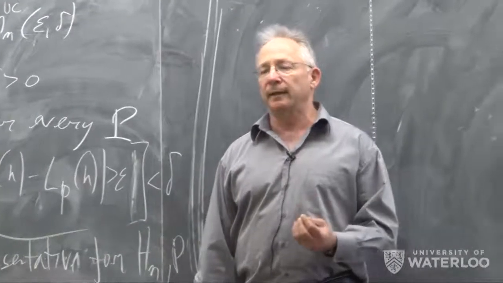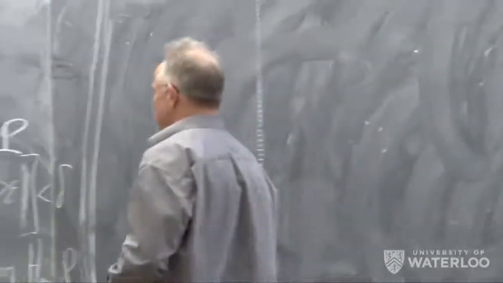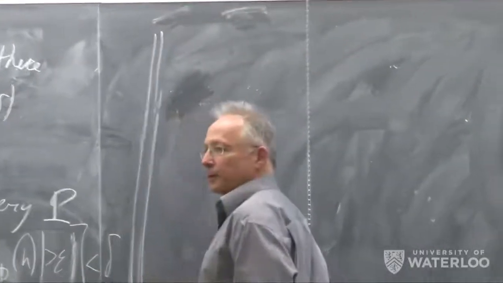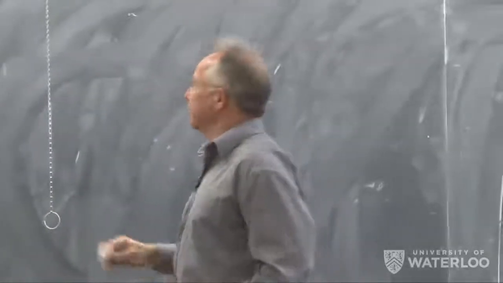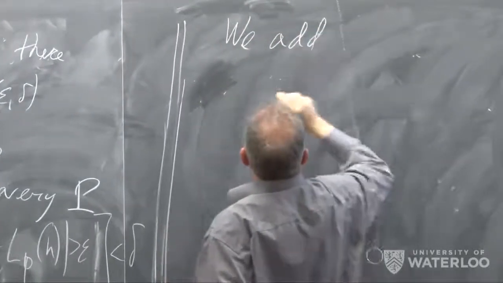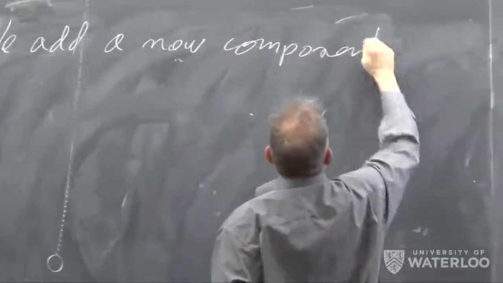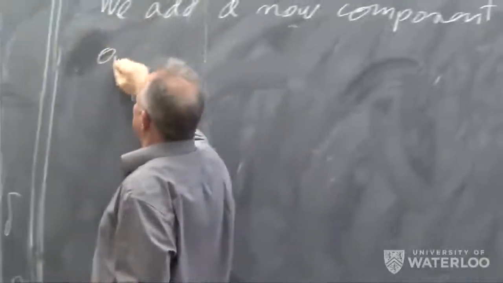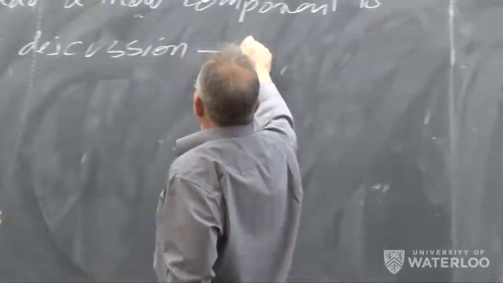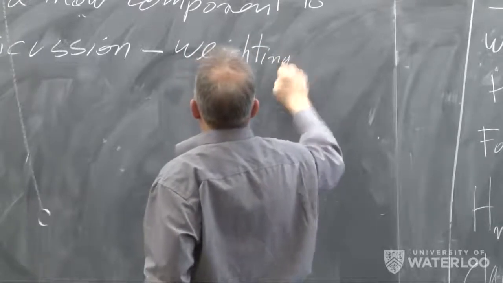Now, what is going to be the idea? How to proceed? The idea is that we are going to give every class a weight. Now we add a new component to our discussion, and this is going to be a weighting function.